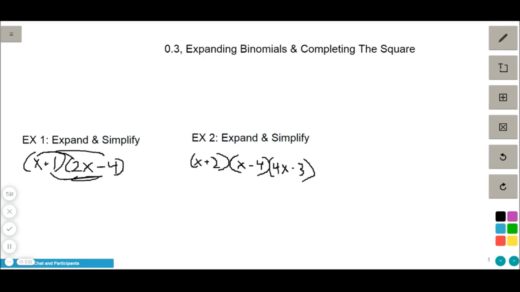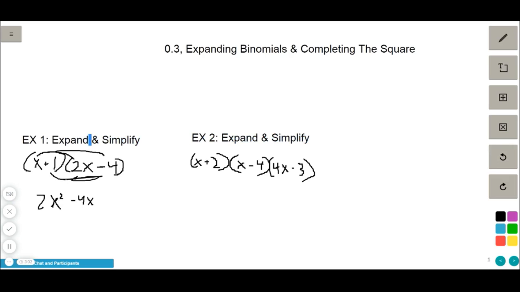So I'll be showing you that you basically want to multiply. x times 2x is going to be 2x squared. Now x times negative 4, you're going to get negative 4x.